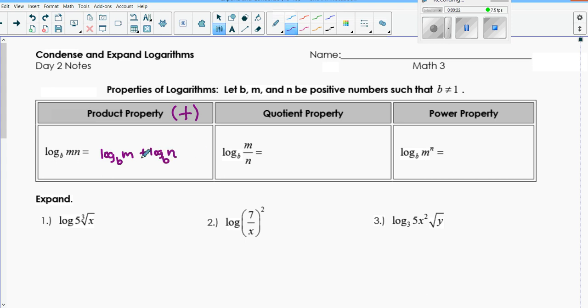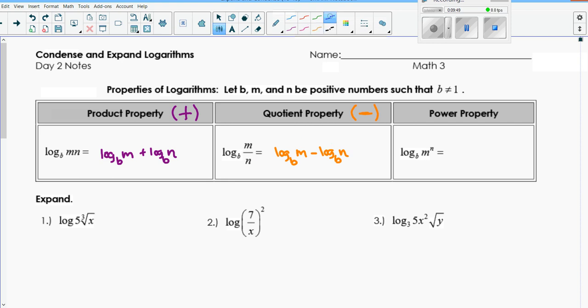Those are equivalent expressions. Okay, if you see something with a quotient, that means that you are subtracting. So that means now we're going to subtract m and n. So we will say log base b of m minus log base b of n. Okay, very similar to one another. This was multiplication, so we're adding. This is division, so we're subtracting.